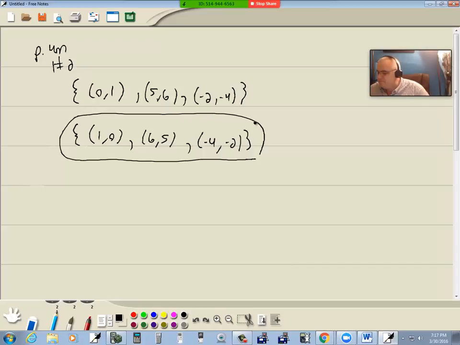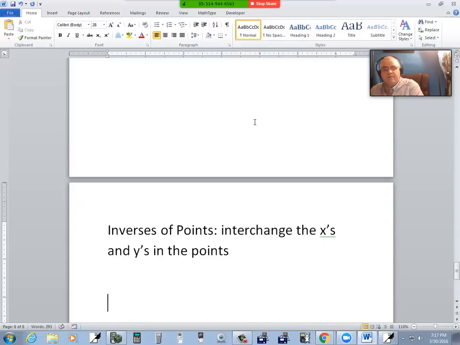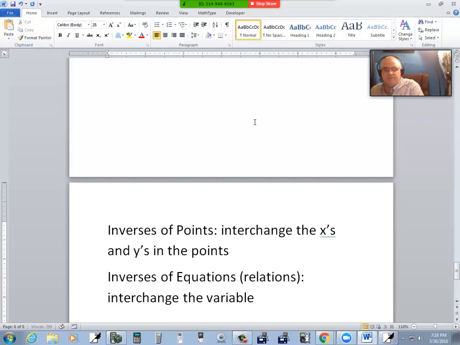Now, we're going to see a similar thing when we're talking about equations. So inverses of equations. Specifically, we're talking about relations here, not talking about functions yet. You're going to interchange, swap the variables, the x's and y's.